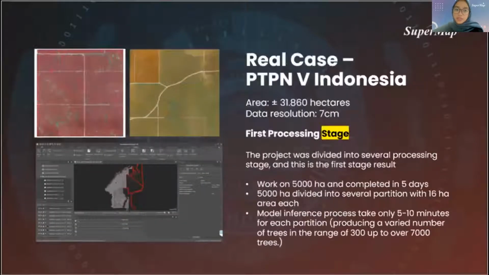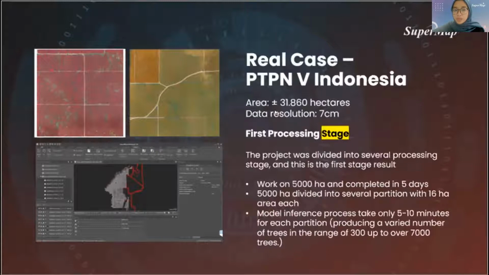And for a successful case, we already did one of our projects in Indonesia. In Indonesia, we have a project in PTPN5 aiming to calculate the total number of palm trees in their area.